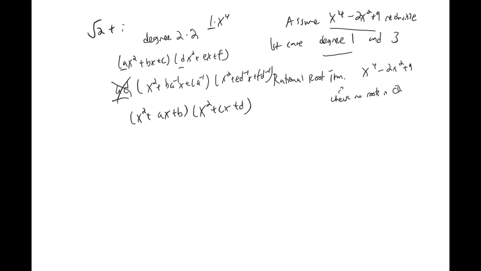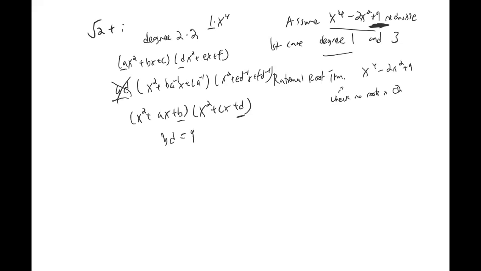Okay, well, there's no helping it. You have to argue. So let's see. From the constant term, right? The constant term is BD, and it has to match the constant term here. So BD must be 9, right?